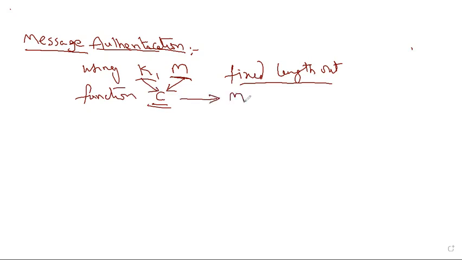We call it a message authentication code, or we simply call it a cryptographic checksum. So that fixed length output is called either a cryptographic checksum or a message authentication code.